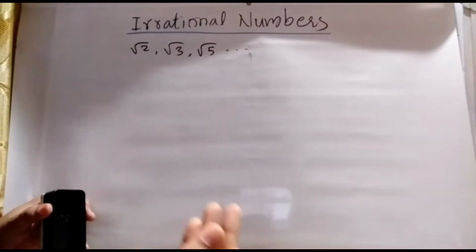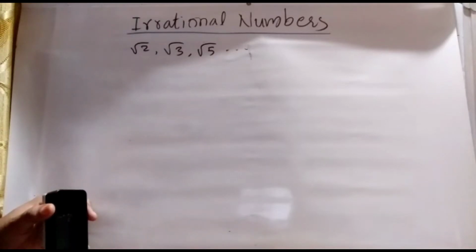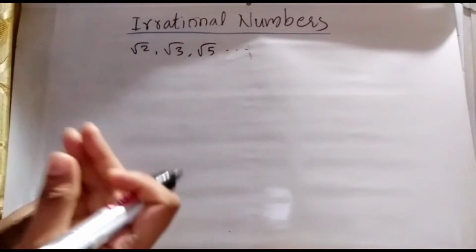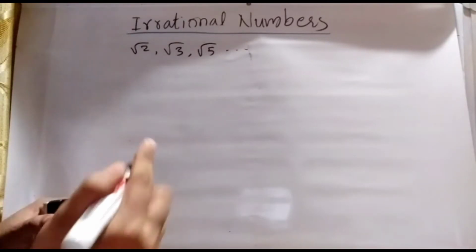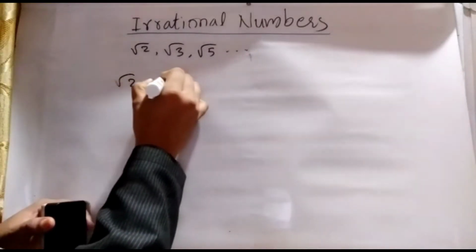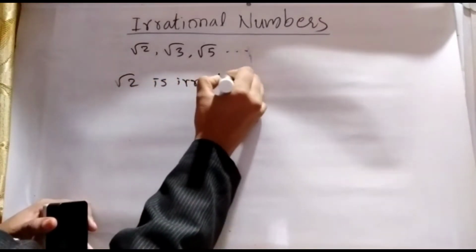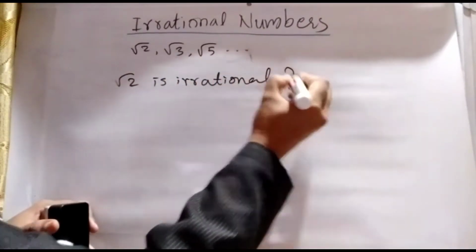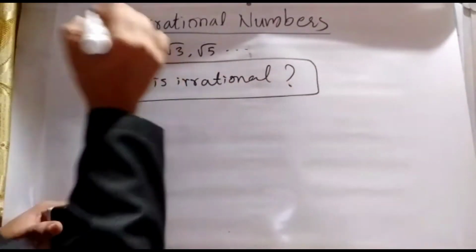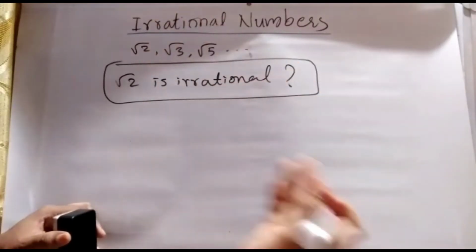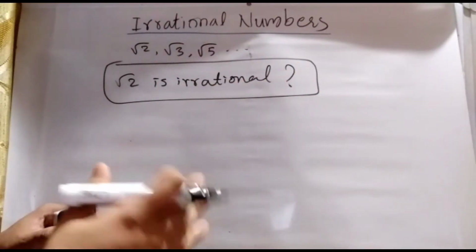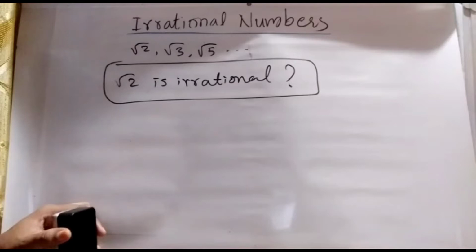So today we are going to learn how to prove root 2 is irrational, root 3 is irrational, root 5 is irrational, like that. So all of you please listen here. Let's start today's class.